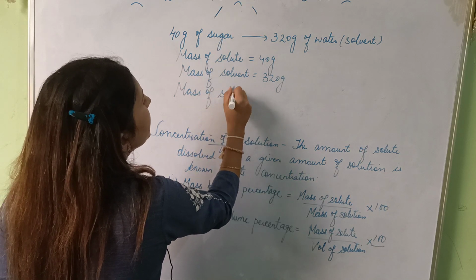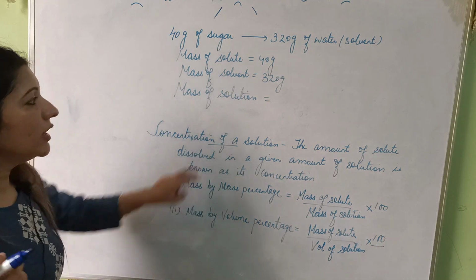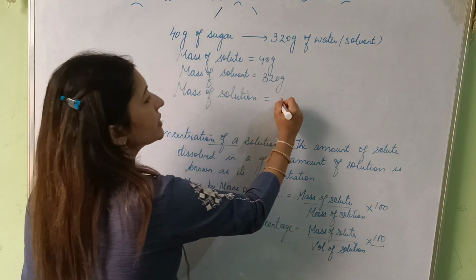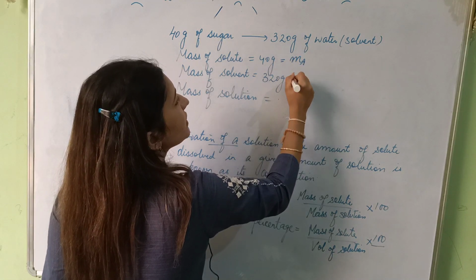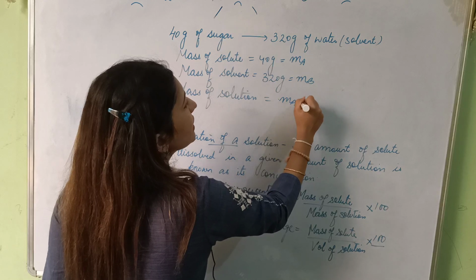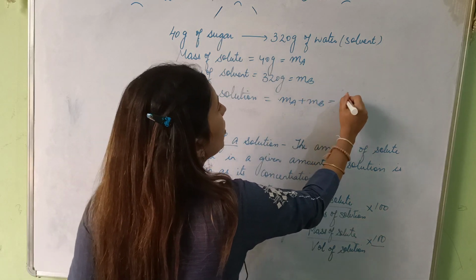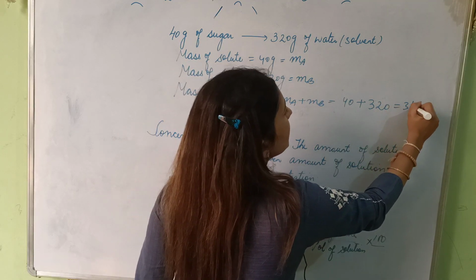Now solution का मतलब क्या होता है कि solvent and solute are dissolved. Solute plus solvent makes a solution. So I'll consider mass of solute, suppose this is Ma and this is Mb. So mass of solution will be Ma plus Mb. This will come out to be 40 plus 320 and 360 grams.